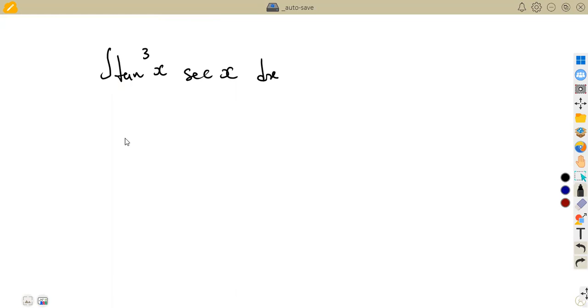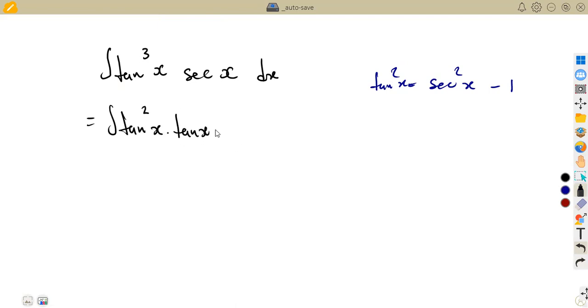We remember we are supposed to write tan squared of x as sec squared x minus 1. So to have tan squared, we have to expand this as tan squared of x times tan x. If we multiply this, we get tan cubed, times the sec of x that is already there, with respect to x.